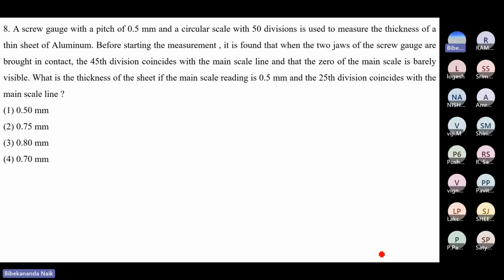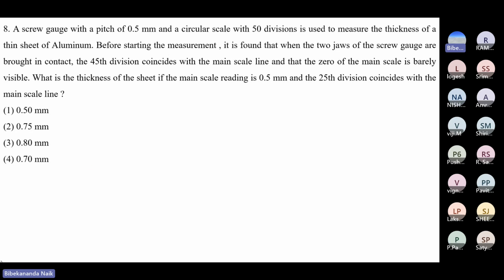So now let's solve our first question regarding the screw gauge. The question says: a screw gauge with a pitch of 0.5 mm and a circular scale with 50 divisions is used to measure the thickness of a thin sheet of aluminum.